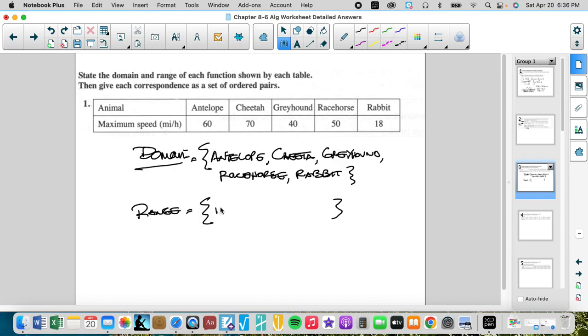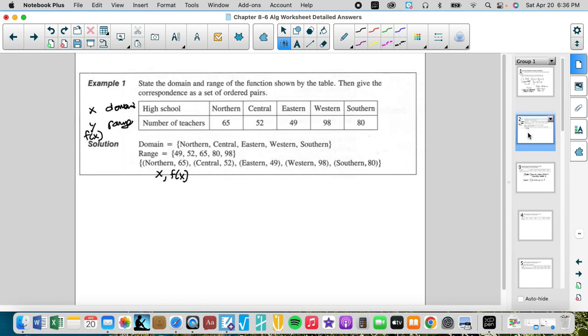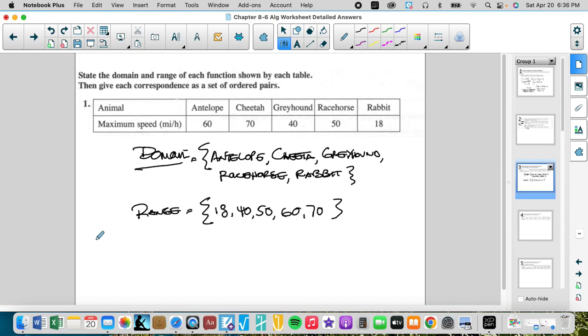So we're going to have 18, 40, 50, 60, and 70. And now we're going to write the ordered pairs. Is that in a solution set too? That is in a solution set with coordinates. So we're going to have solution set and coordinates, and we're going to have antelope, comma, 60, close.